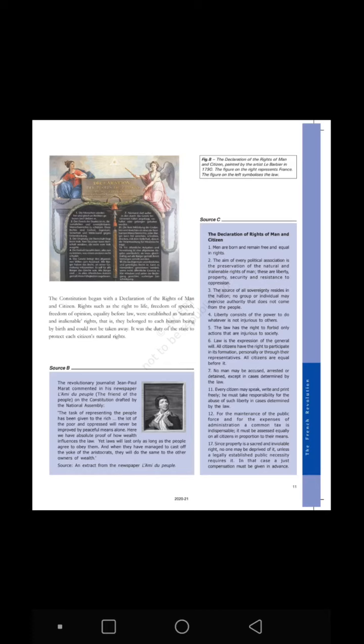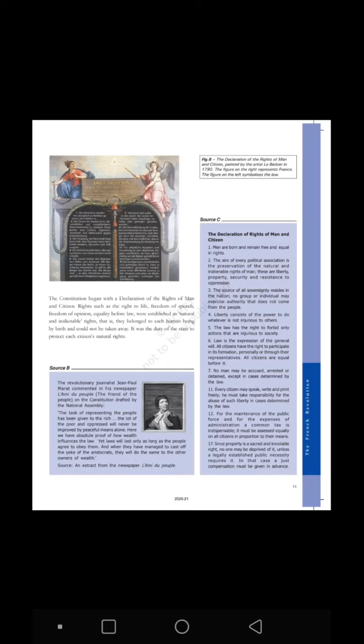The lot of the poor and oppressed will never be improved by peaceful means alone. Here we have absolute proof of how wealth influences the law. The laws will last only as long as the people agree to obey them. And when they have managed to cast off the yoke of the aristocrats, they will do the same to the other owners of wealth." Source: an extract from the newspaper L'Ami du Peuple.